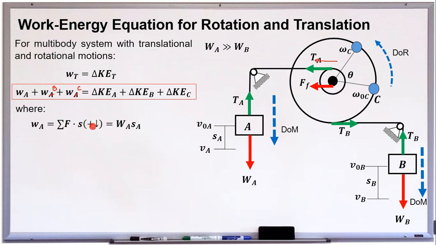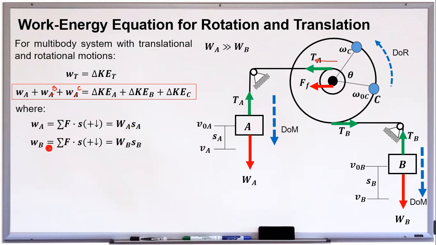Now we will use the positive sign if the force is pointing downward, because the direction of motion is downward. For block A, we only have one force that will cause work on our system, that is only the weight of A. So we have here WA times its displacement SA.